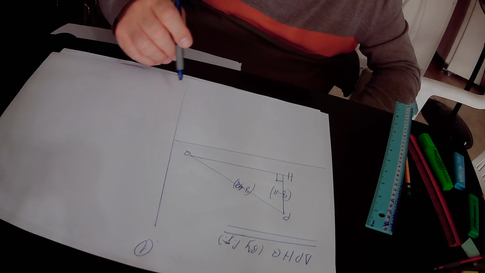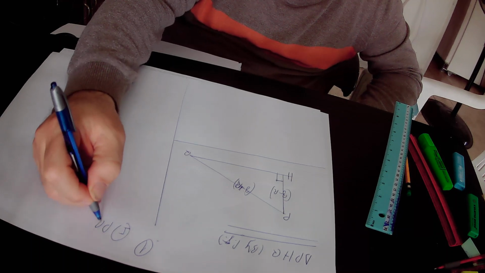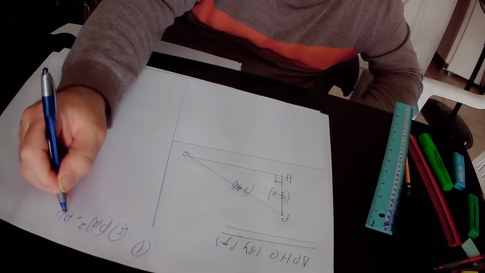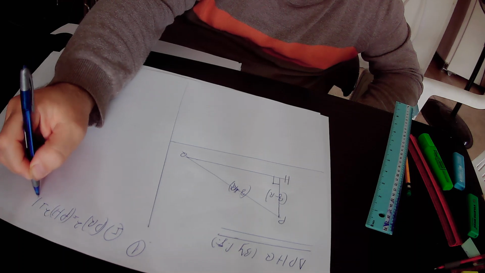In this right triangle PHQ, PQ squared, that is the square of the hypotenuse, must be equal to PH squared plus HQ squared.